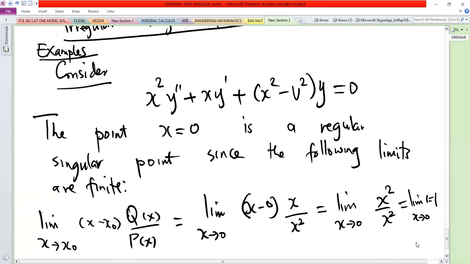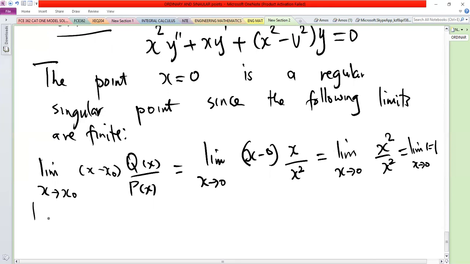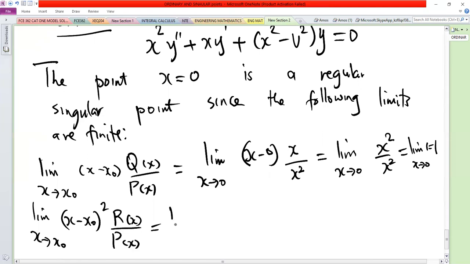So that is finite. And then the limit as x approaches x naught of x minus x naught squared times r of x over p of x will be the limit as x approaches 0 of x minus 0 squared times x squared minus v squared, divided by x squared.